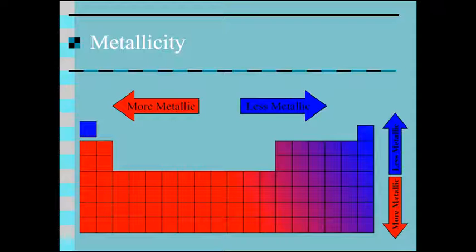Therefore, from left to right in a period, the atoms tend to gain electrons, not lose electrons. Therefore, toward the right side mostly non-metals are present, like carbon, and toward the left side of the periodic table mostly metals are present, like sodium.